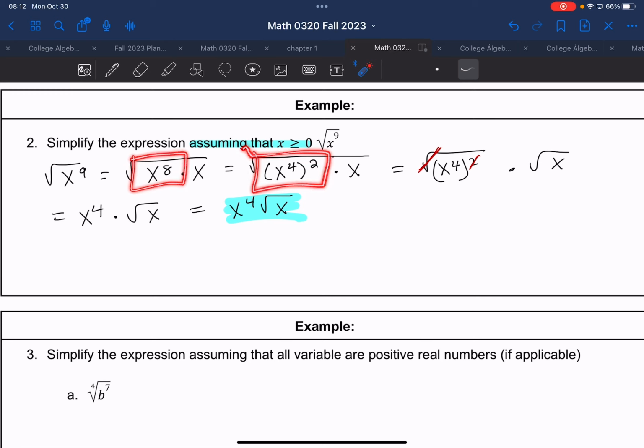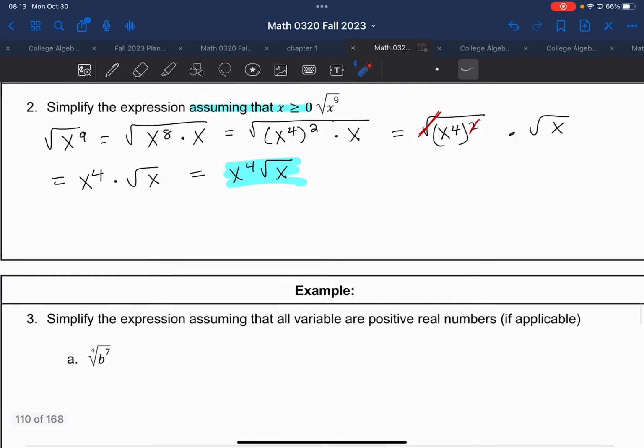Okay, any questions on 2? Okay. So now on number 3, we're going to be doing the same thing.